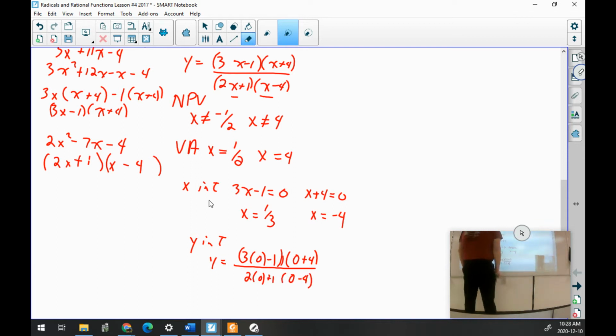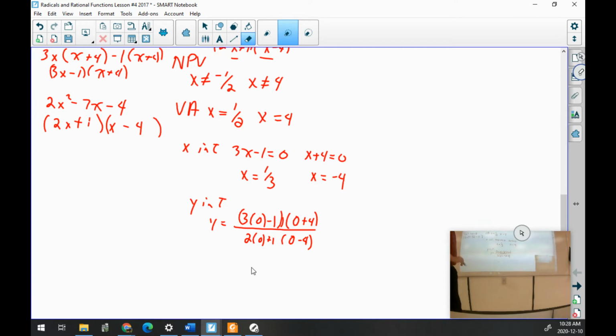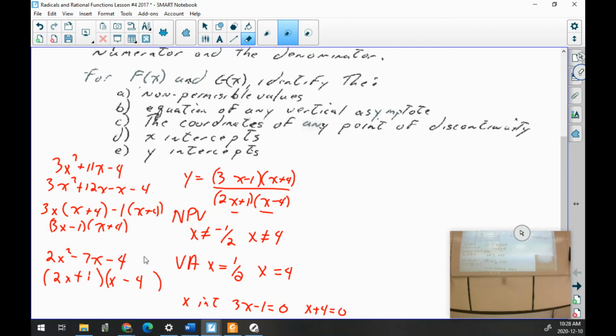So what I end up with on the top, I have negative 1 times 4. On the bottom, I have positive 1 times negative 4. This works out to be negative 4 over negative 4. So 1. Now, we have done everything we need to, or we can so far on that. We just had to do a bit of factoring.